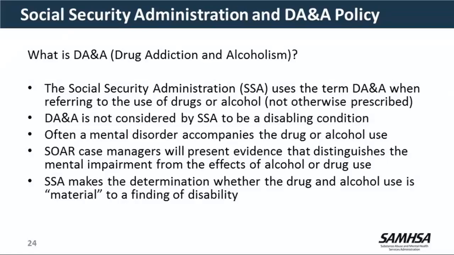However, SSA and DDS are not blind to the reality that in a lot of cases, a legitimate mental disorder accompanies a drug or alcohol addiction. So SSA is aware that co-occurring disorders exist, and they do recognize this. So our job as SOAR case managers is to present evidence that will, as clearly as possible, distinguish the effects of mental illness from the effects of drug or alcohol abuse.